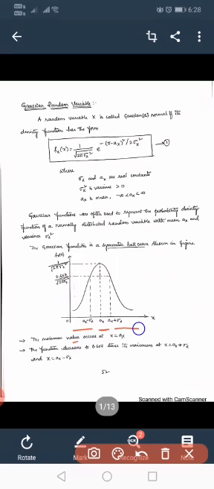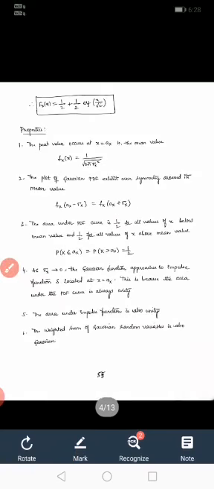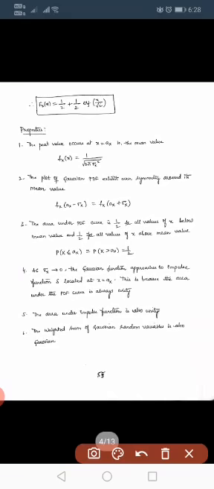If we substitute sigma x as 0 in this part and this part, we get only ax. Ax means it is the mean value. That means this bell curve shrinks and forms an impulse signal. And next one, the area under the impulse function is unity. Okay, next one is the weighted sum of Gaussian random variables is also Gaussian.